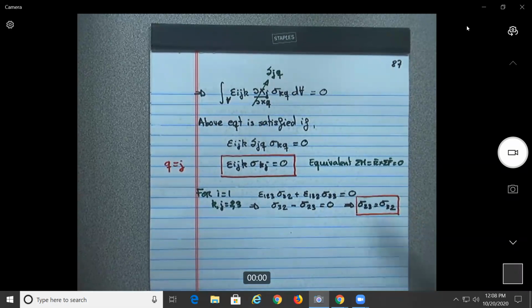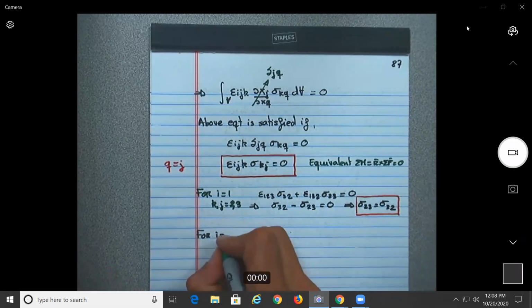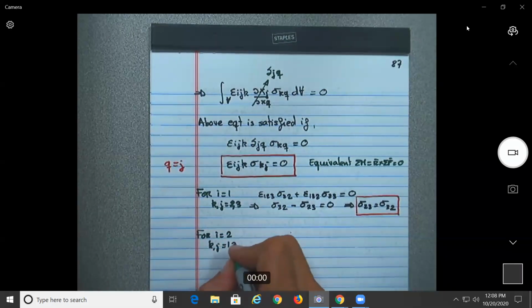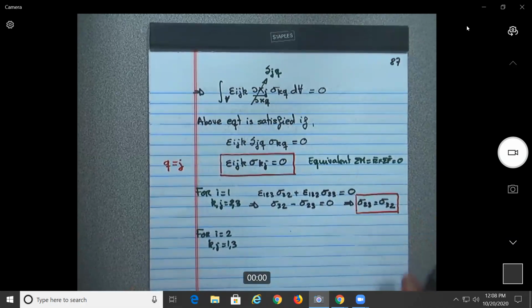Okay, now we could do the same thing, so let's do it for i equal 2 and k, j equal 1, 3. Oh, we do 2 times. What are you going to get?